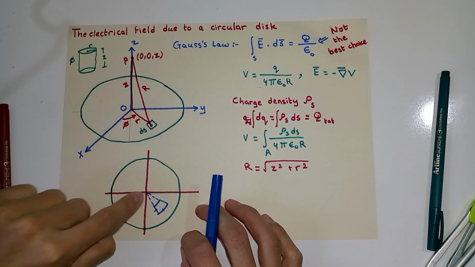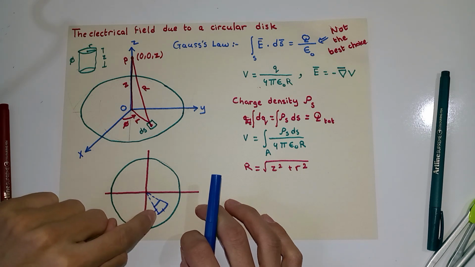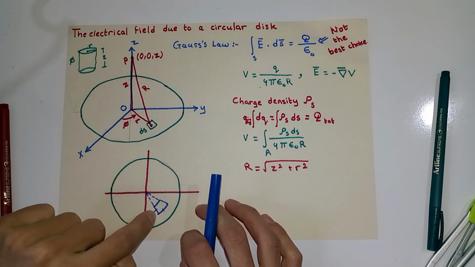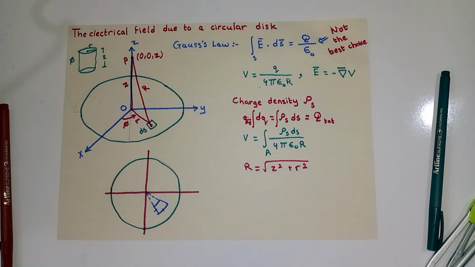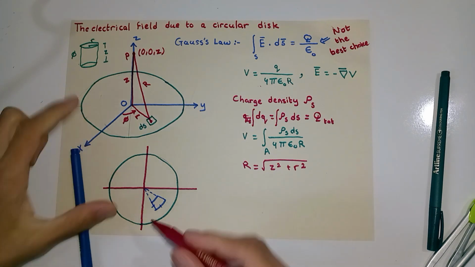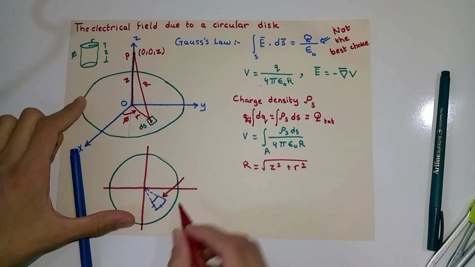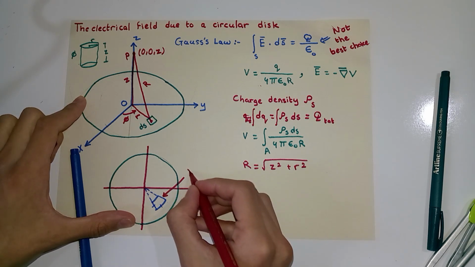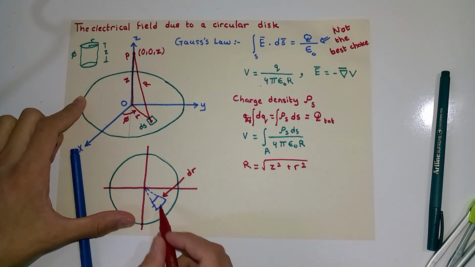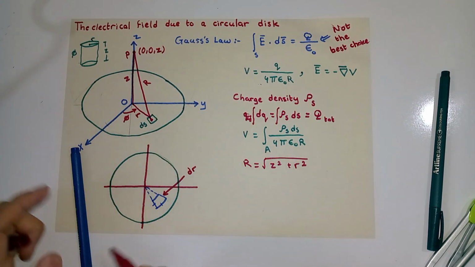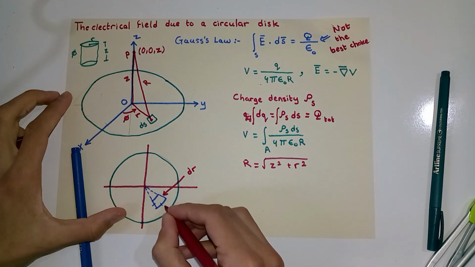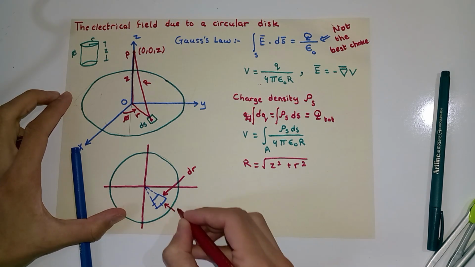This line is the radius, and this small differential line aligned with it is the differential radius, dr, as it's aligned with the radius of this circle. And this line, let's say that this line is equal to L.